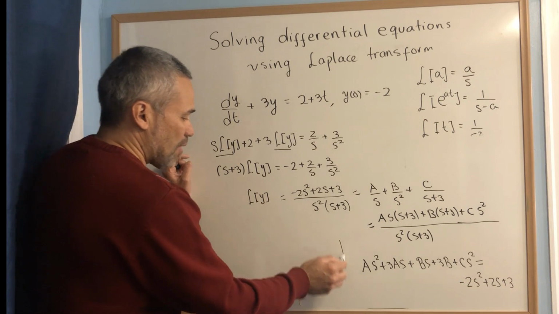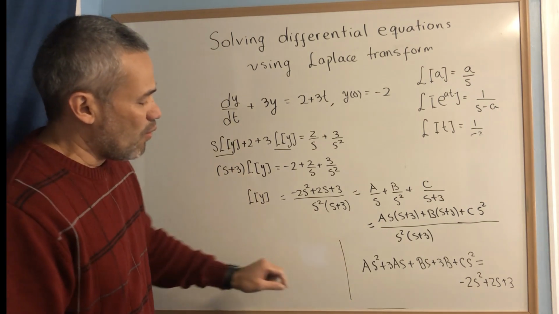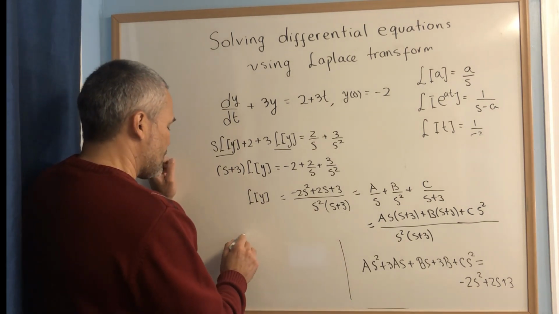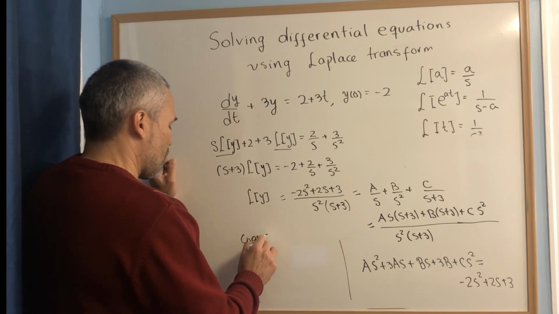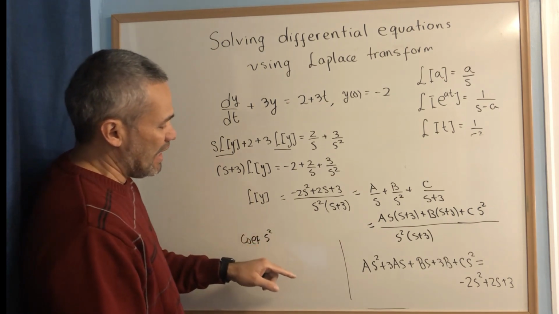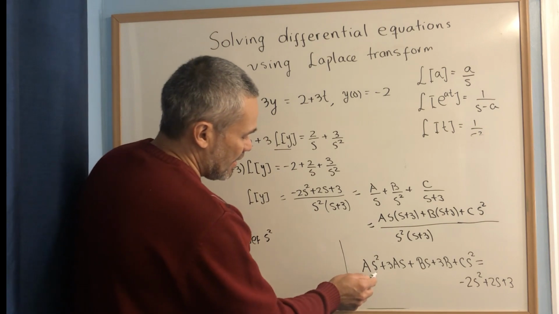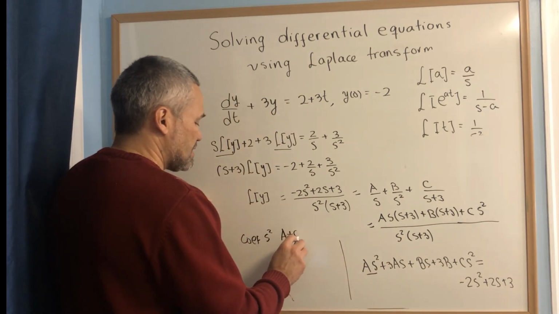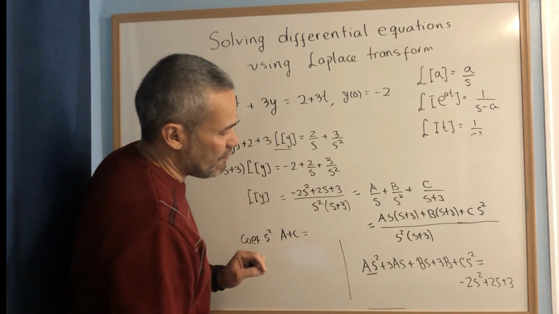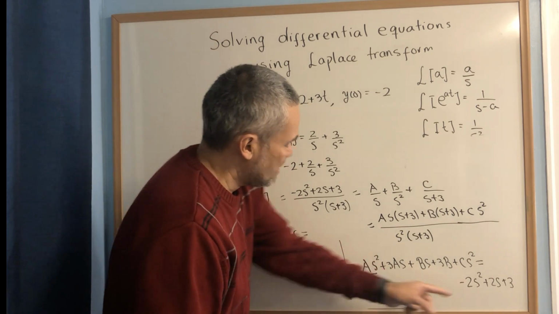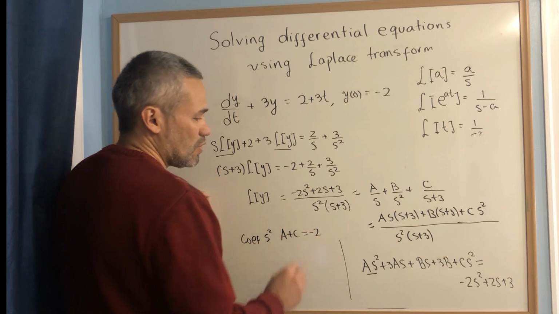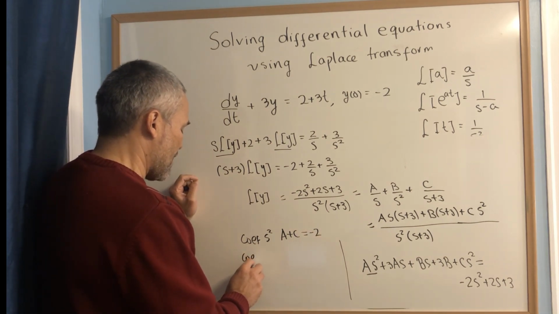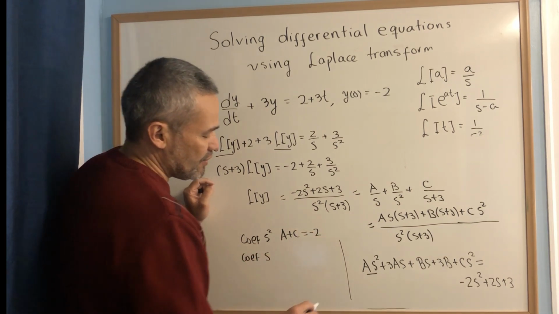Now let's set up the equations. What is the coefficient of s squared? On the left, we have a plus c. We want a plus c to be the coefficient of s squared on the right, negative 2. What is the coefficient of s on the left?